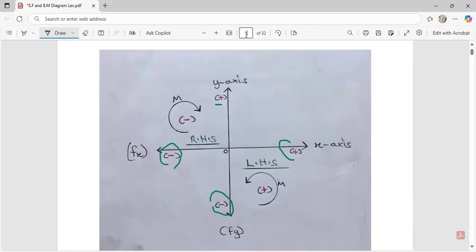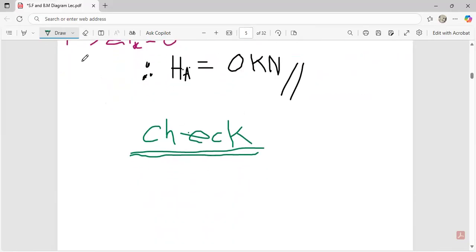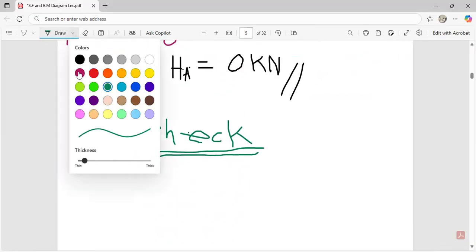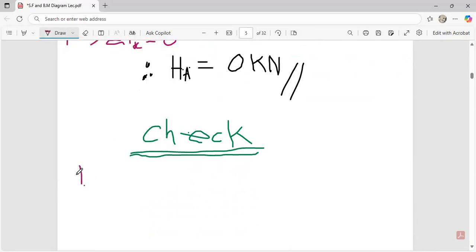So let's move to where we were and see how to make life much easier. We said that all forces that are moving to the north should be positive. And that is the sum of all forces at y should be equal to what?